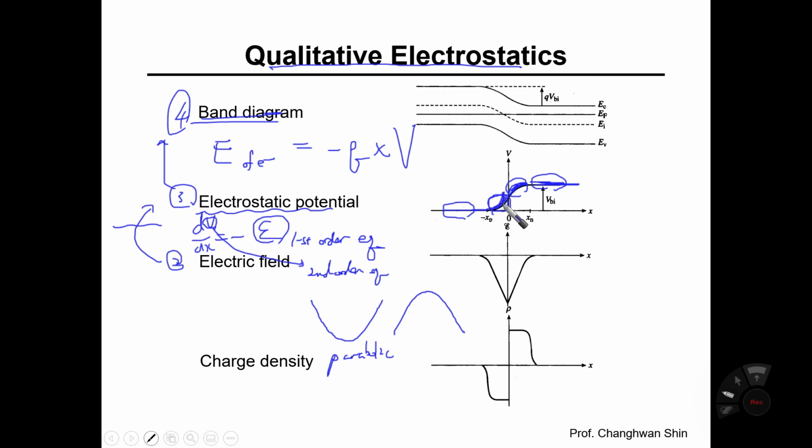Okay, so part of the parabolic curve shape has been found here. And part of the parabolic curve shape has been found here. But what about here and there? Yeah, straight line. Why is that? Because the electric field is zero. So if you plug in 0 here, then the potential value must be constant.